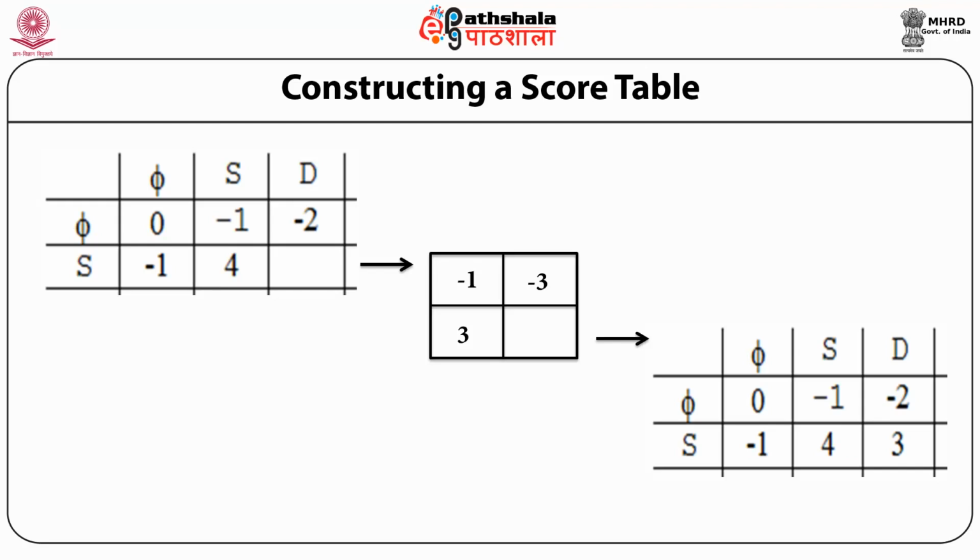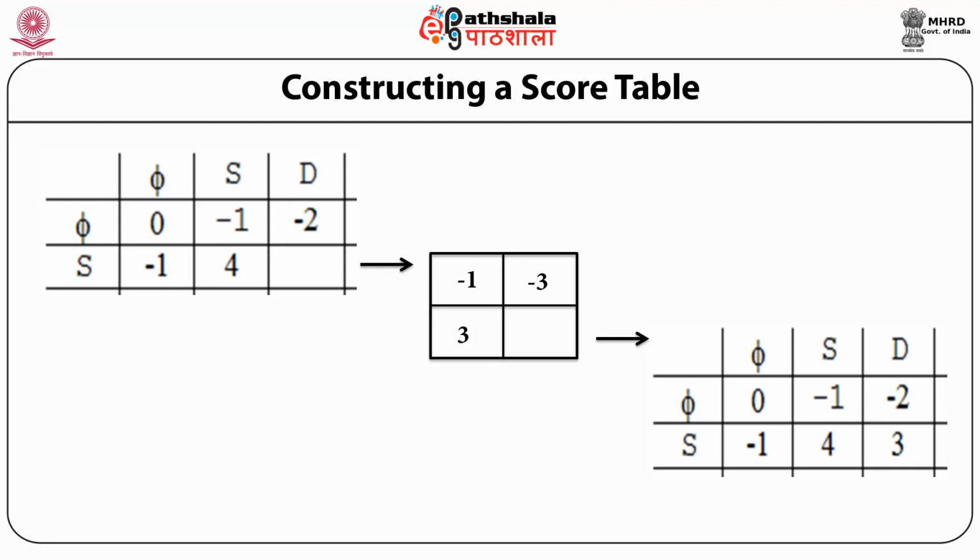Now we will find the score of aligning S in the vertical sequence with D in the horizontal sequence using the BLOSUM 62 matrix. The score is 0 and we will add this 0 to the number in the cell diagonally up on the left side. This cell presently contains -1. Therefore, adding 0 to -1 results in a total of -1.